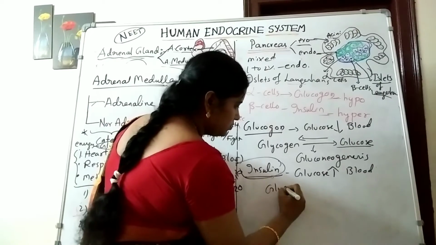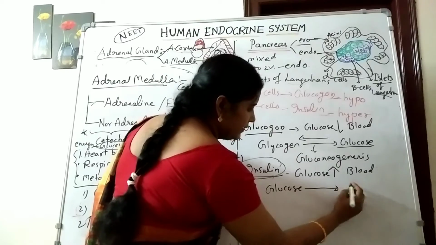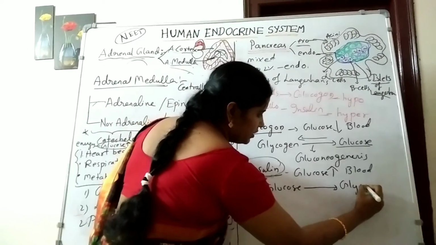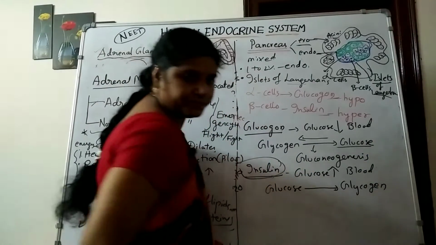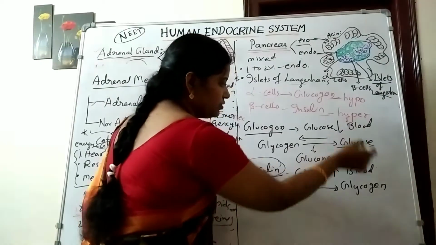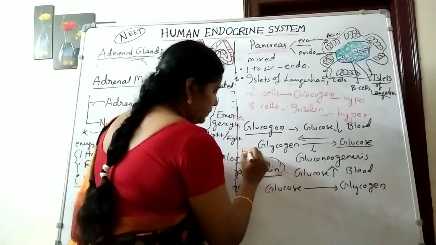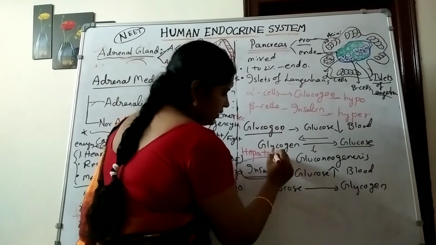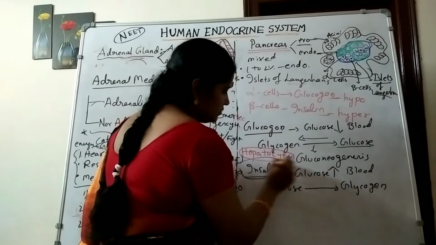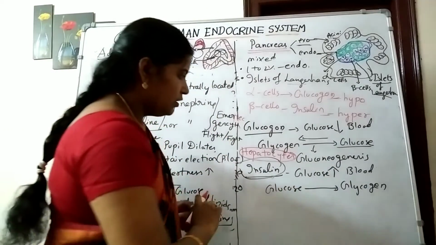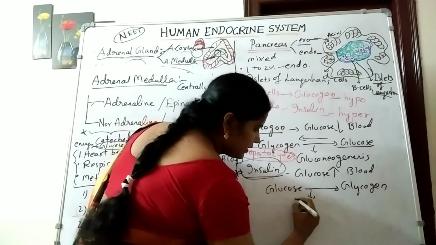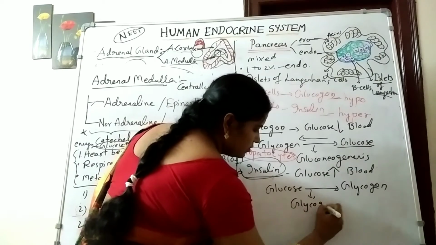The glucose enters and is stored in the form of glycogen. Both reactions take place in hepatocytes, the liver cells. This process is known as glycogenesis.